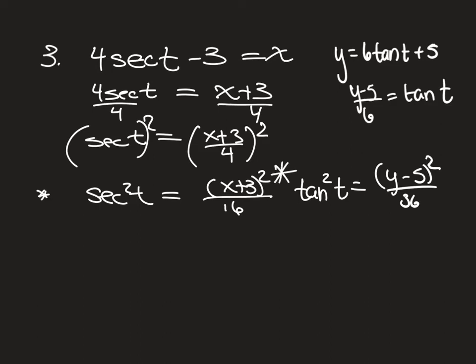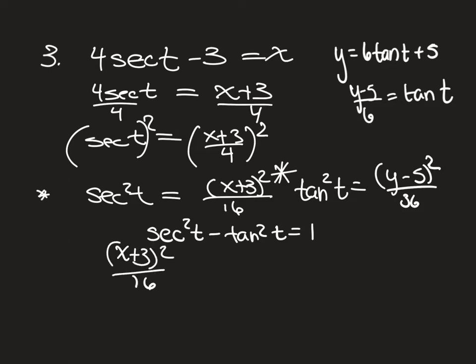Here's my other important one. So that Pythag said secant squared t minus tangent squared t equals 1. So since my x stuff has the secant, my x stuff is going to come first. So you're going to have x plus 3 squared over 16. I replaced this with this into there.